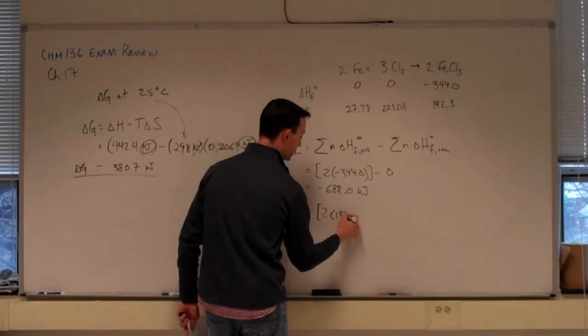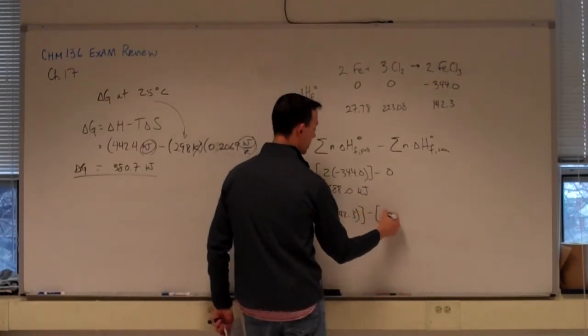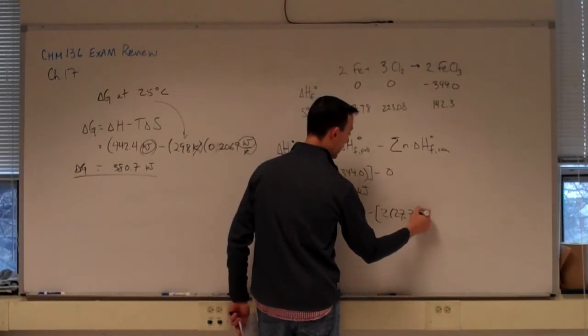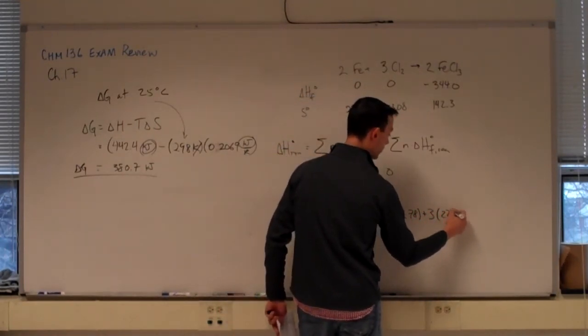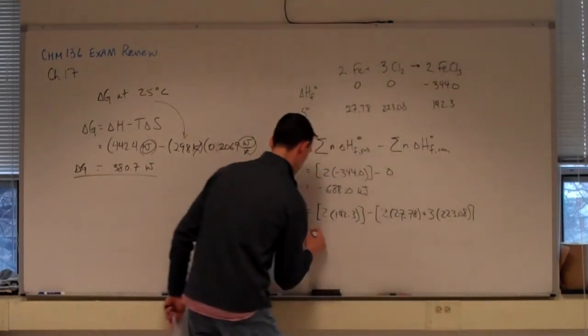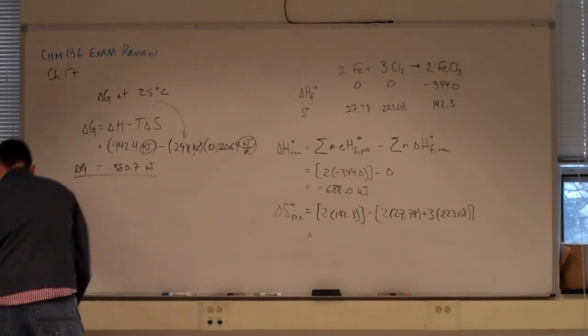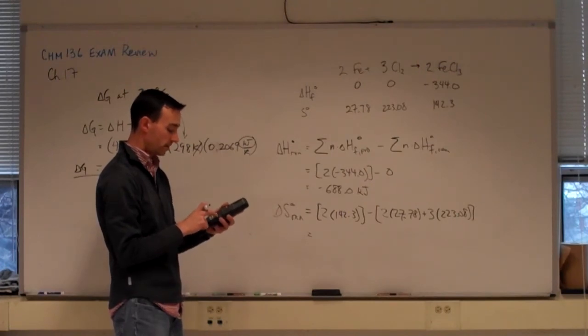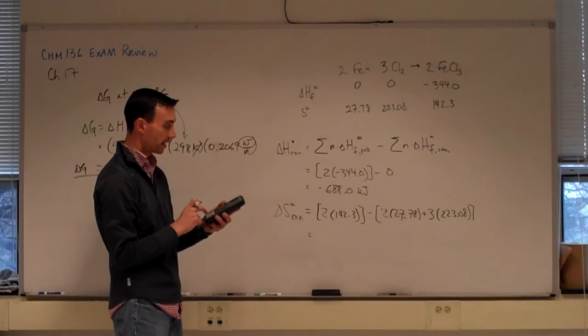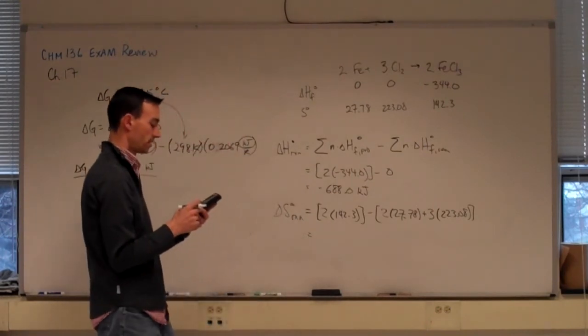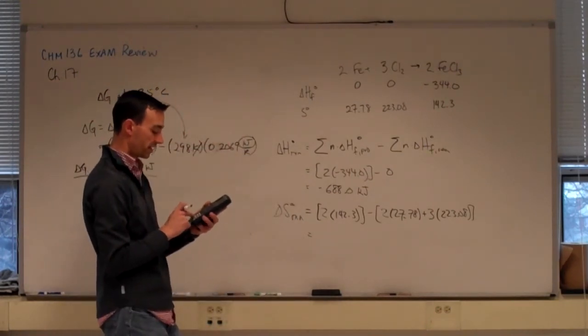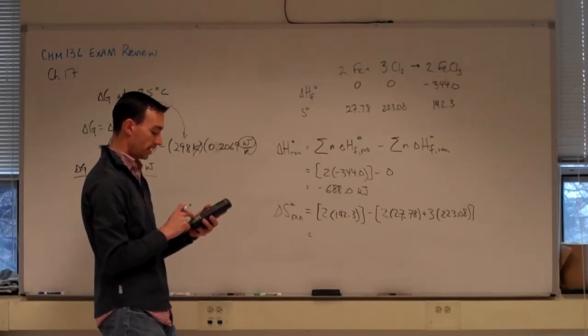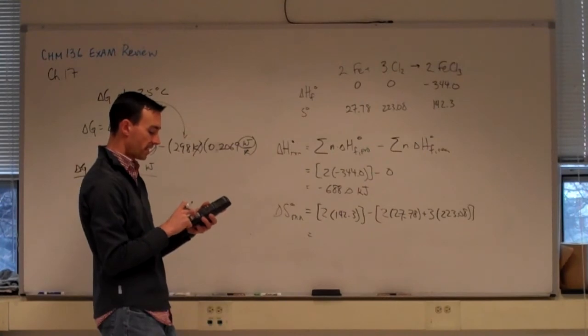We can apply the same formula to entropy, but now we've got numbers for the reactants. So 2 times 142.3 minus 2 times 27.78 plus 3 times 223.08. Oh, I made a calculator error here, that didn't look right. 2 times 142.3 minus 2 times 27.78 and 3 times 223.08.